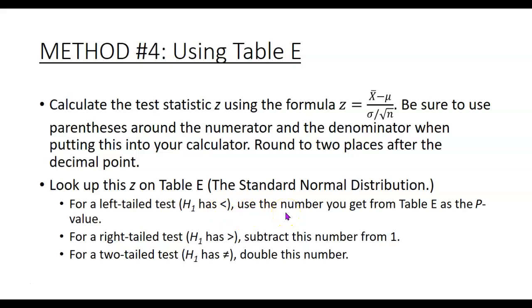Then you just take whatever number you get from the table, and that is your p-value. If you're doing a right-tailed test, the number you get from the table, you have to subtract that from 1, and that gives you your p-value. And if you're doing a two-tailed test, you have to double the number that you get from the table. And that also, I will show you at least one example of how that works.